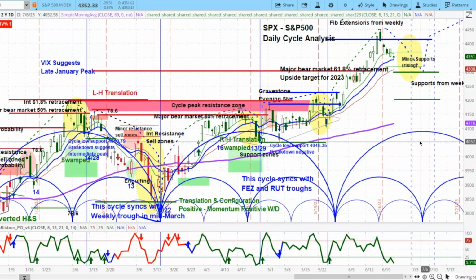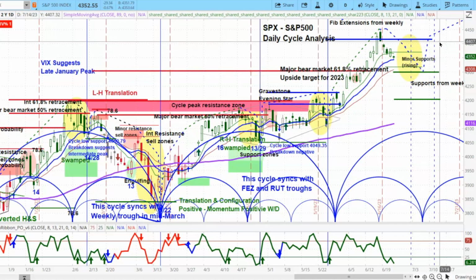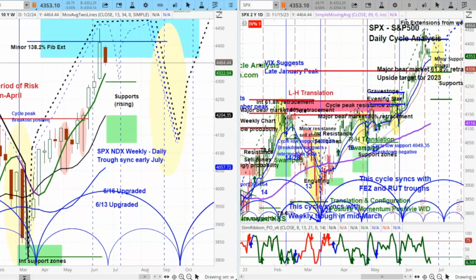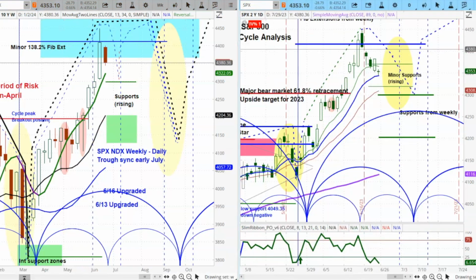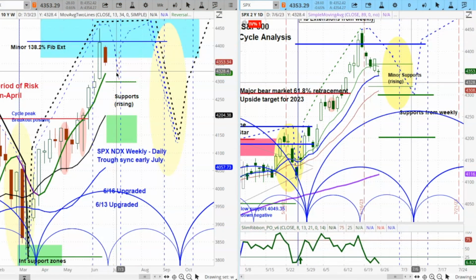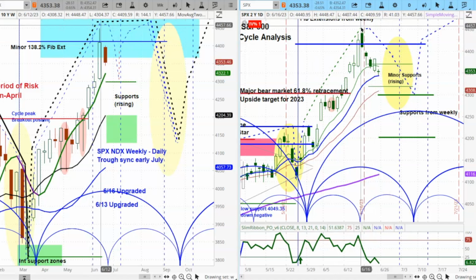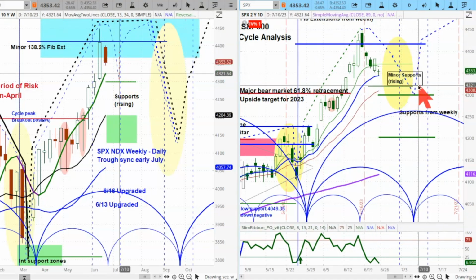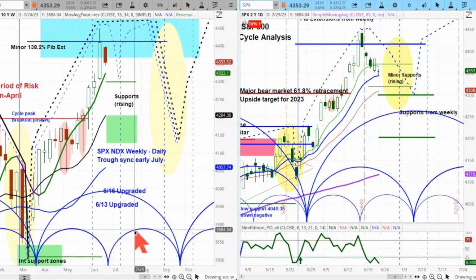So these will be three driving forces to the upside that come starting around the second week of July, and that puts July and a good portion of August into a positive period. That's why looking at, again, this side by side right over here, you can see what we're looking at, and that is this corrective period right here on the weekly, that's syncing up with this corrective period there on the daily, and then right over here where this minor cycle here turns upward.